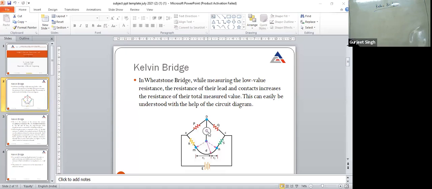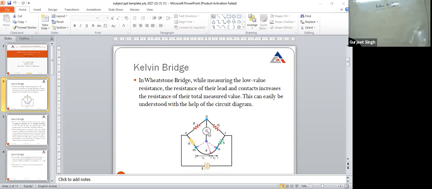So we use a DC source as the source, and the galvanometer as the detector in the bridge. This is the circuit diagram of the Kelvin bridge.